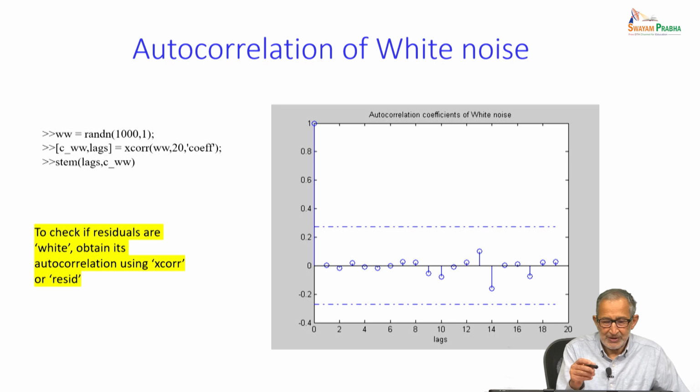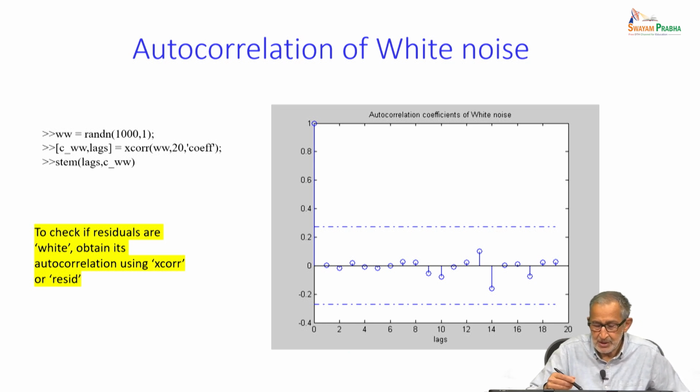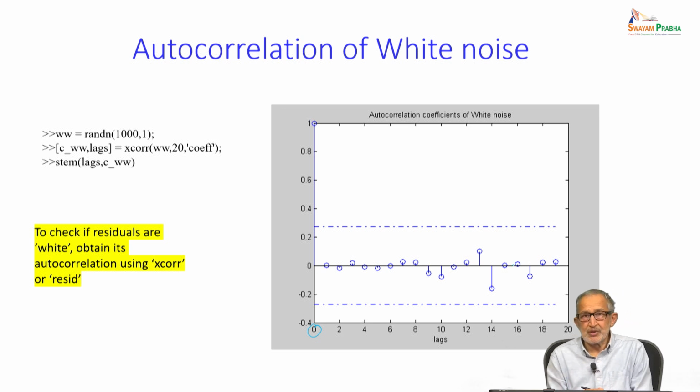So for the data that we had, this is an example. We generate random white noise of length 1001, and we look at the cross correlation for 20 lags for this noise term. So here are the 20 lags. Here is the correlation coefficient, and the correlation coefficient is of course perfect 1 at lag 0, but everywhere else it is 0.